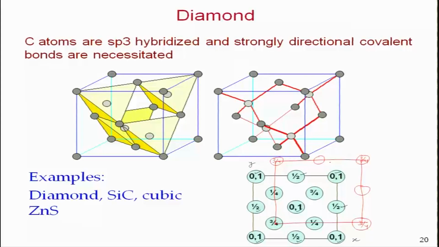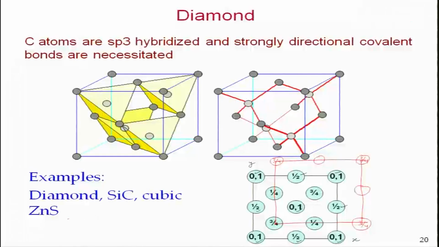So basically these are two interpenetrating FCC lattices shifted by a vector quarter, quarter, quarter, okay, and this lattice is called diamond cubic lattice. And this is followed by diamond, it is followed by silicon, but it is also followed by silicon carbide and cubic zinc sulphide, okay.